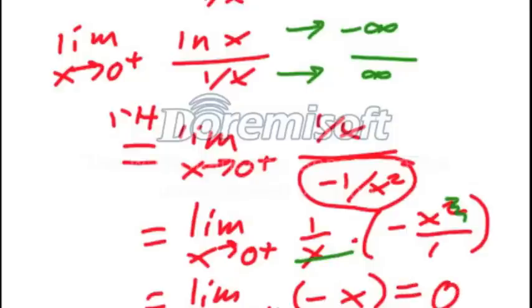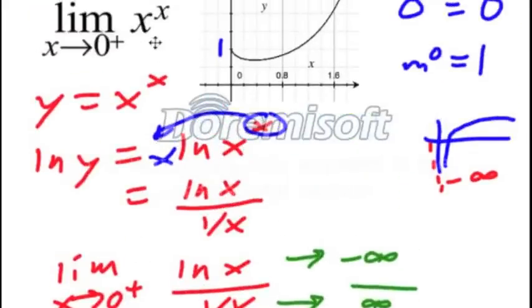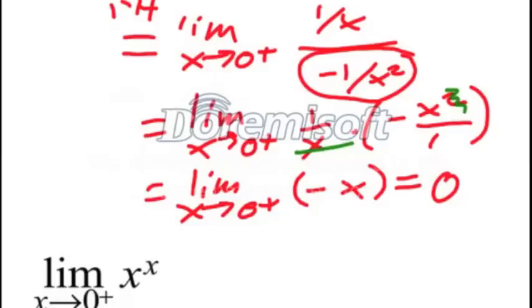Now, we're not done yet. Remember that in the original problem, this was x to the x, but I took the natural log of this. So really what I found is not this limit, I found the natural log of the limit. Well, how do we undo that? Well, we undo a natural log by taking e to the power, right?